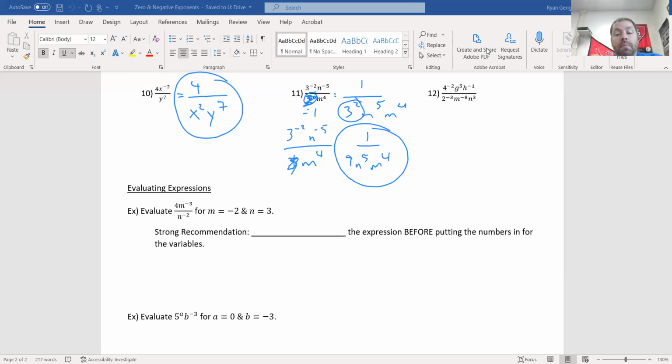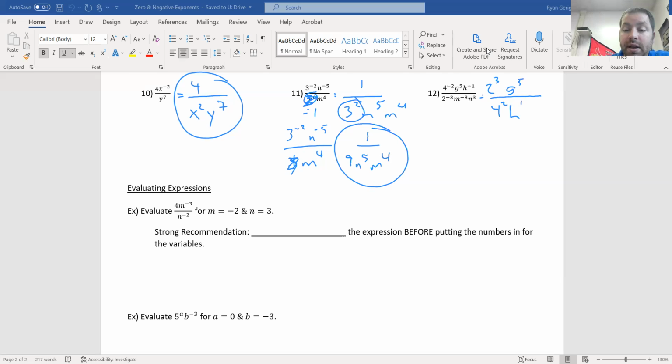12 looks awful, but if you just go base by base, it's not too bad. 4 goes to the bottom. G, happy on top, so it's going to stay on top. H, not happy, goes to the bottom, becomes h to the 1st. 2, not happy on the bottom, goes to the top. Notice I'm putting that out in front. Always put the numbers out in front.